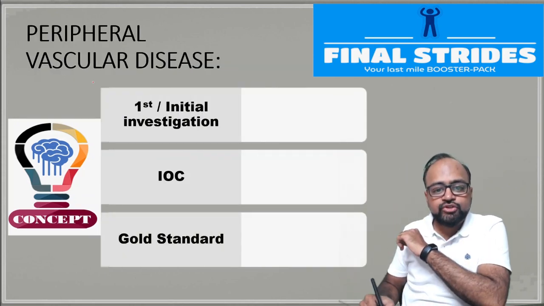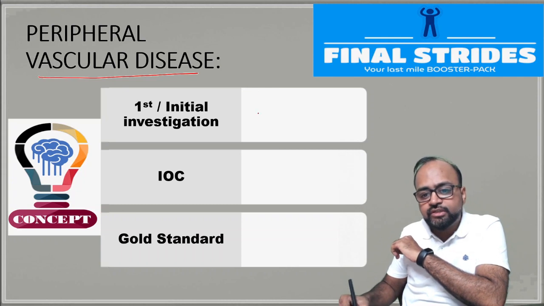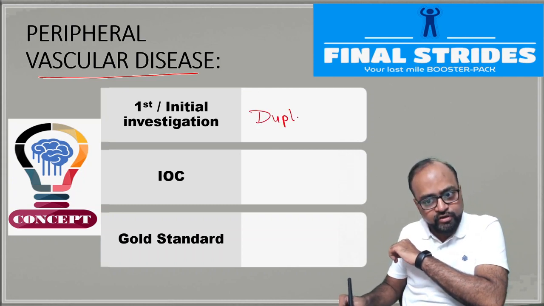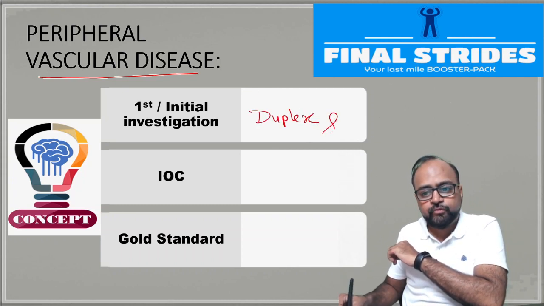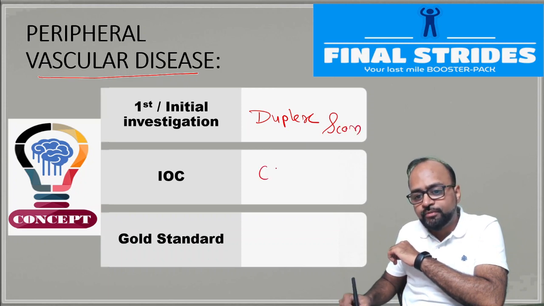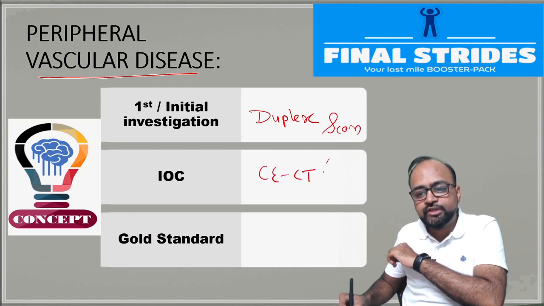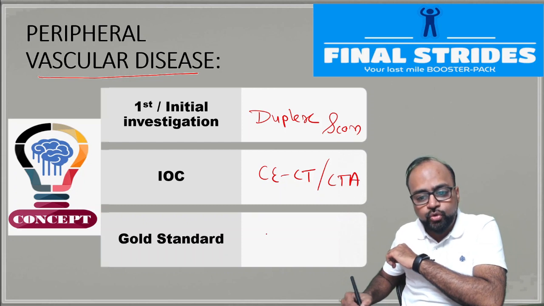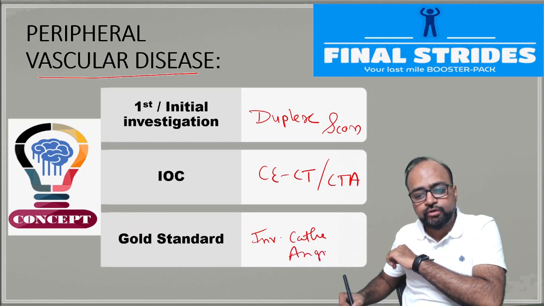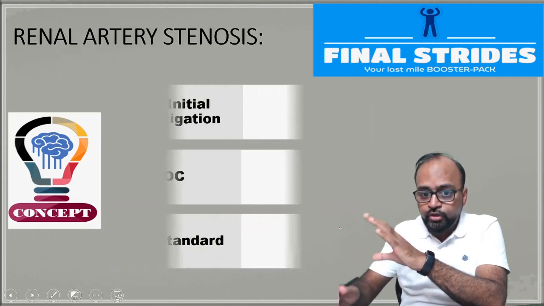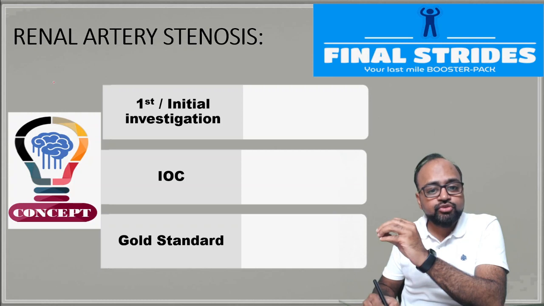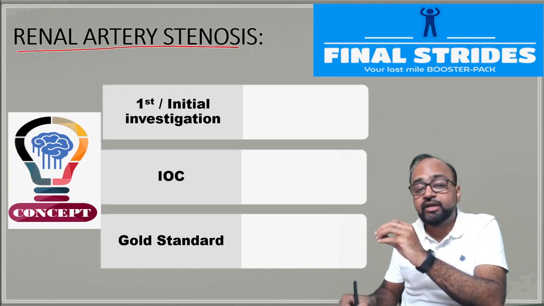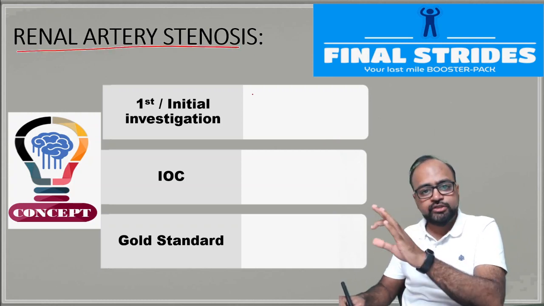Let us apply it for a few conditions. If they ask you for peripheral vascular disease, initial investigation, yes, it will be duplex scan. Investigation of choice will be CECT or CT angio. Gold standard would be invasive catheter angiography. This holds true for investigations to be done for suspected renal artery stenosis. Initial investigation is what?